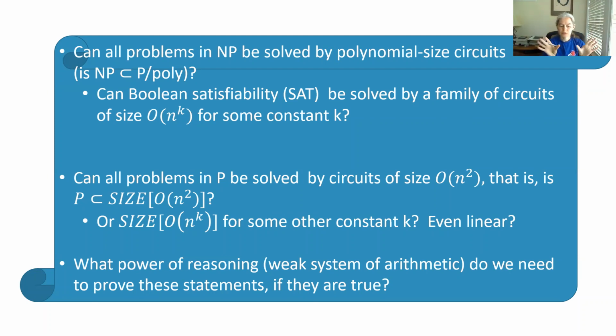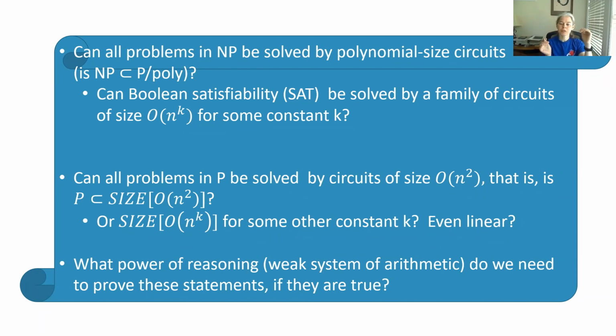Okay. So you may ask, okay, NP, we know the thing is hard. So what about problems in polynomial time? In particular, all the problems in polynomial time can be solved by polynomial-size circuits because we can convert a Turing machine to circuits.